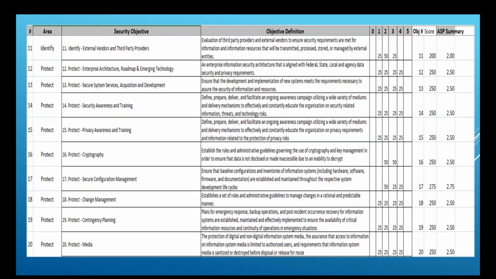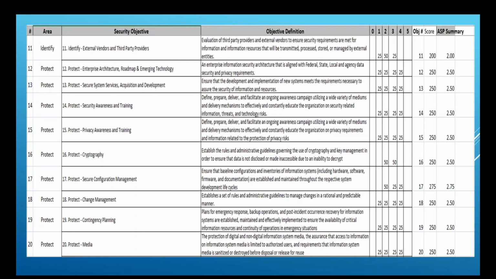Number 11, external vendor and third-party providers. And I'll be honest with you, this is not an easy thing to get a handle on. Evaluating our third-party providers and our external vendors to ensure security requirements to meet the information and information resources that they're being transmitted, processed, and managed by those external entities.